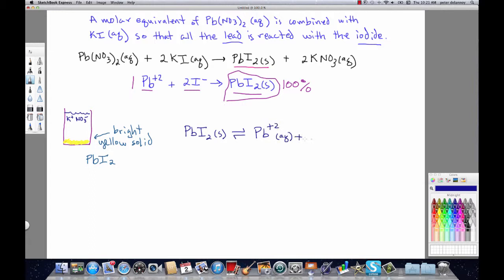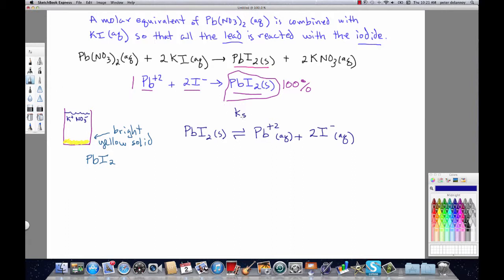Remember, because this is a heterogeneous equilibria, the lead iodide in the solid form is actually not part of the equilibrium expression. And we have an equilibrium constant for this we call a KSP.